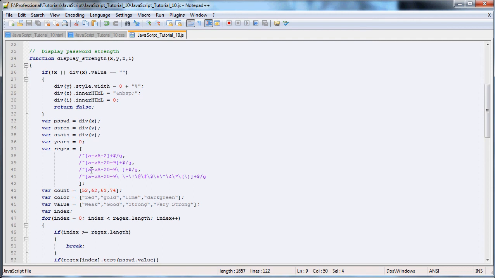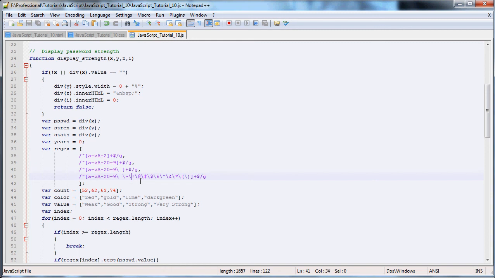The next one is lowercase, uppercase, digits, and space. Remember, I have to escape space because the interpreter will not parse it properly. Okay, and then to make it really strong, lowercase, uppercase, digits, space, and symbols.